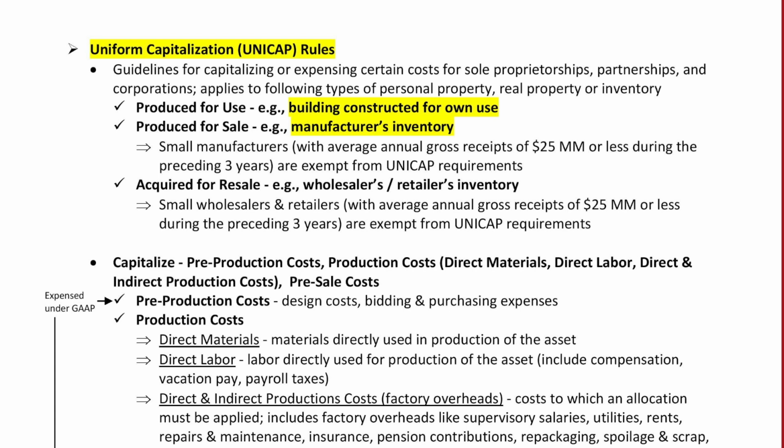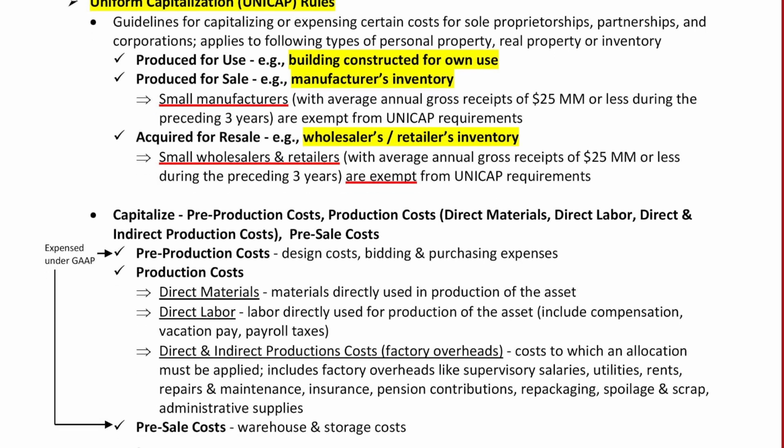For example, highlight wholesalers or retailers inventory. Now underline, small manufacturers are exempt from UNICAP requirements. Similarly, underline, small wholesalers and retailers are exempt from UNICAP requirements.